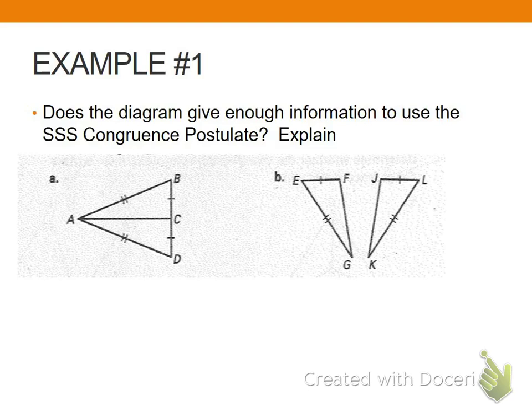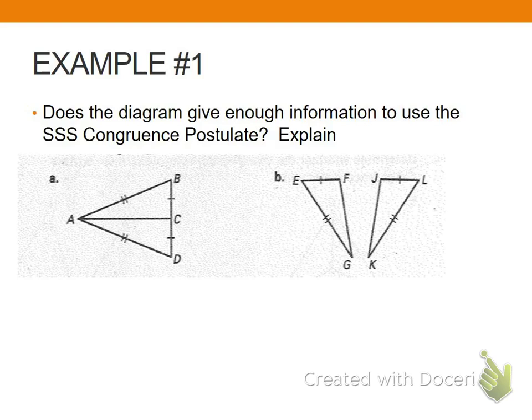So how many pairs of sides did they mark for us? 2 pairs of sides. But to use side, side, side, I need how many pairs? 3. However, there's something special about that third side. That third side is used in both of the triangles.